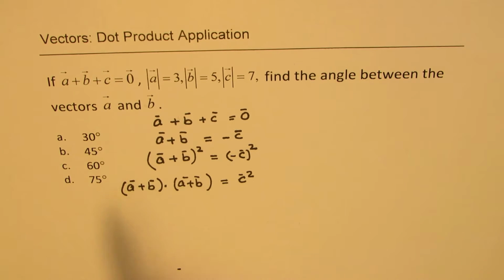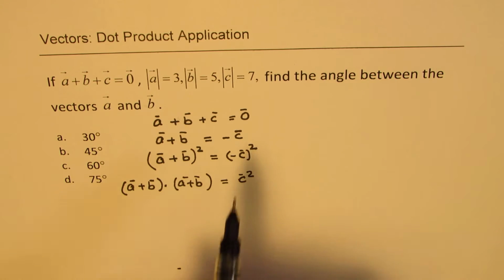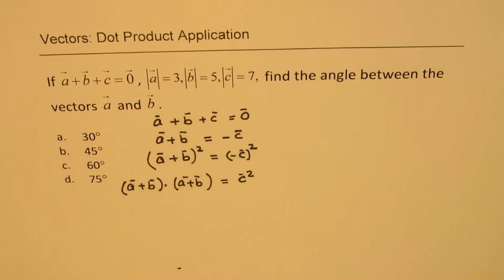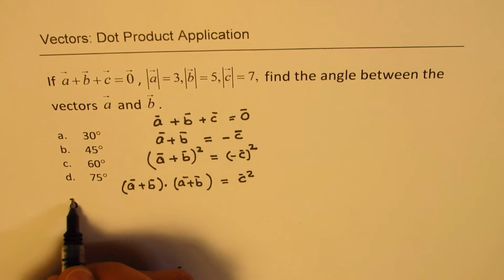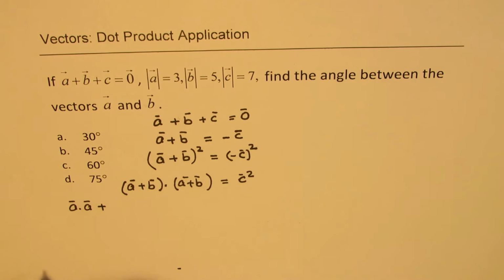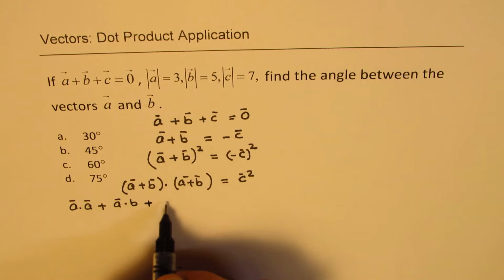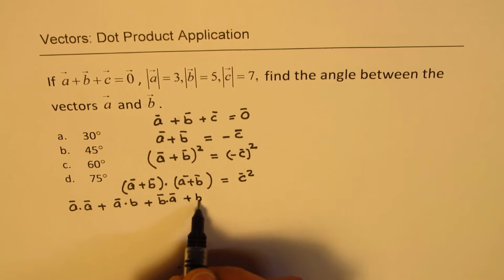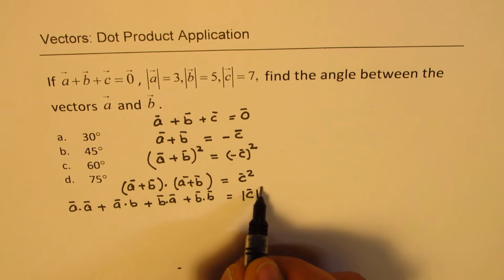So a plus b, we can actually expand this, and on the right side, we get c's magnitude square, which is 7 square. So if I apply the rules for dot product, I get a dot a plus, that is the distributive property over addition, a dot b plus b dot a plus b dot b. And here we are looking for the magnitude of vector c square.